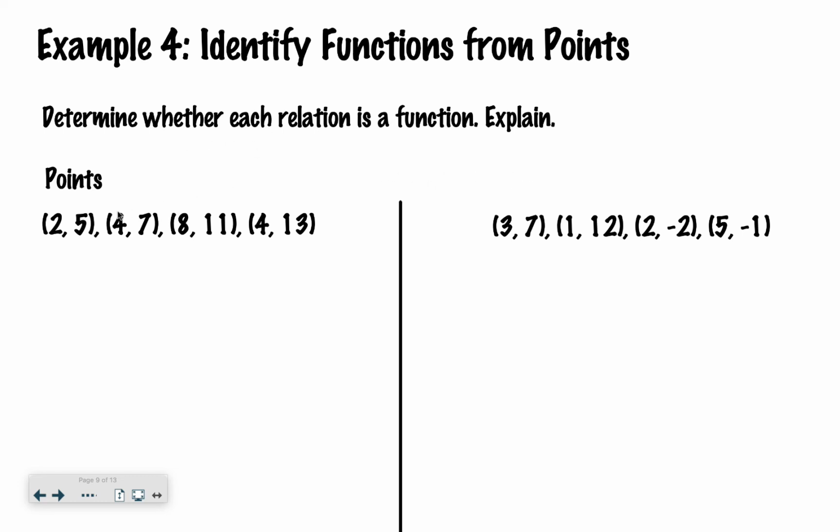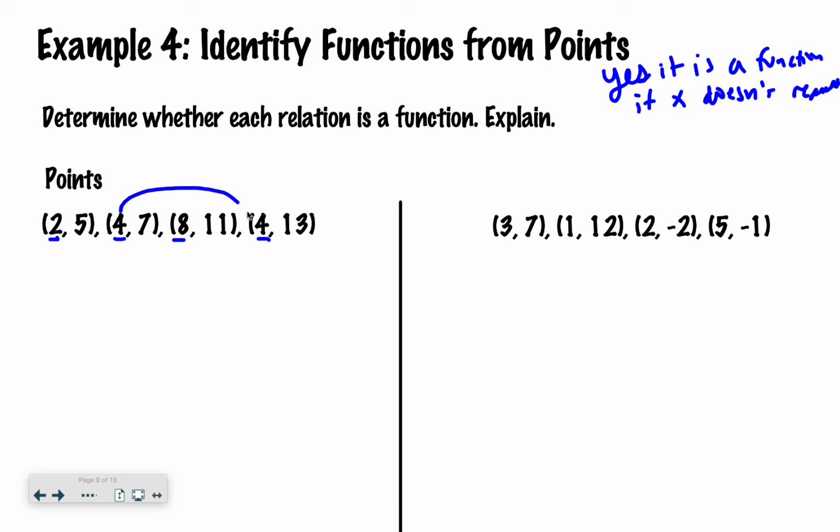All right, now let's practice determining if something is a function based on points. So for the points, you want to make sure that x does not repeat. So it is a function if x doesn't repeat. Okay, so here I see my x values are 2, 4, 8, and 4.